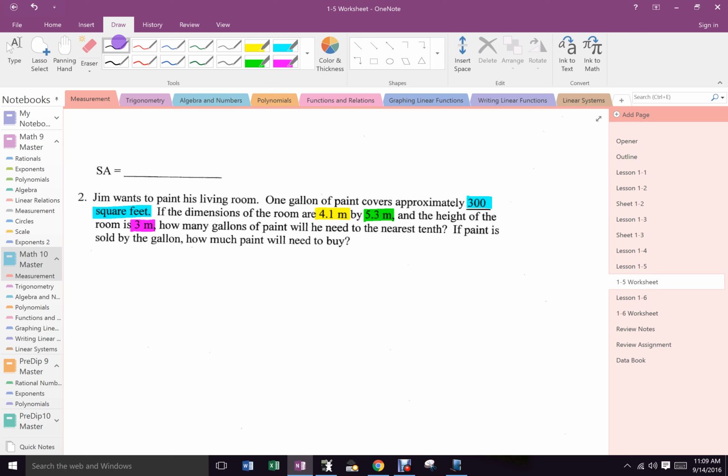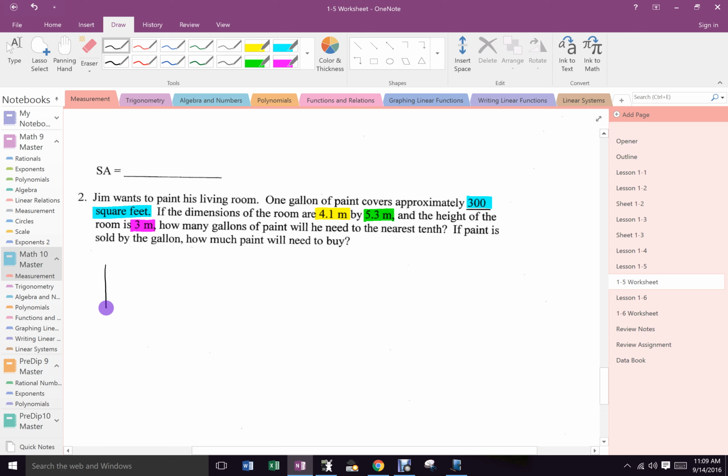Well, meters, meters, meters. A gallon covers feet. So I got to do some converting here, don't I? Now, this is really tricky because it is covering square feet.